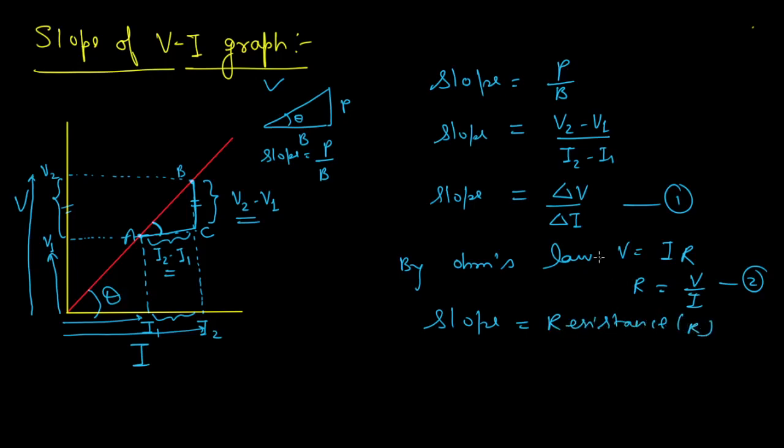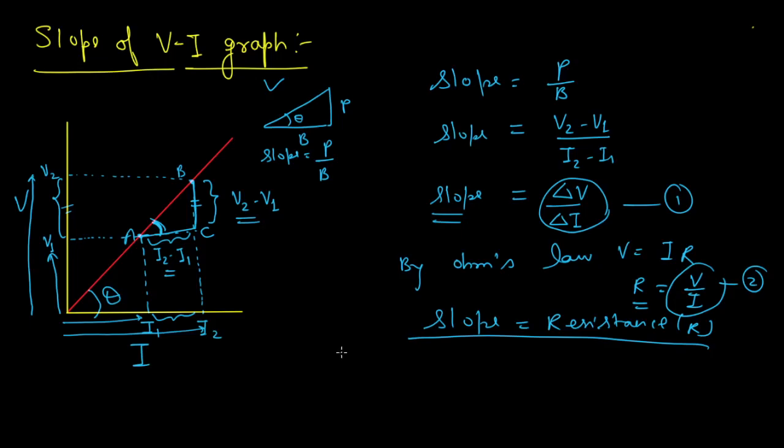Resistance R of the conductor, because this particular side is equals to this side, it means slope will be equals to resistance R. So in the VI graph, the slope of a VI graph will always tell us about the resistance R.